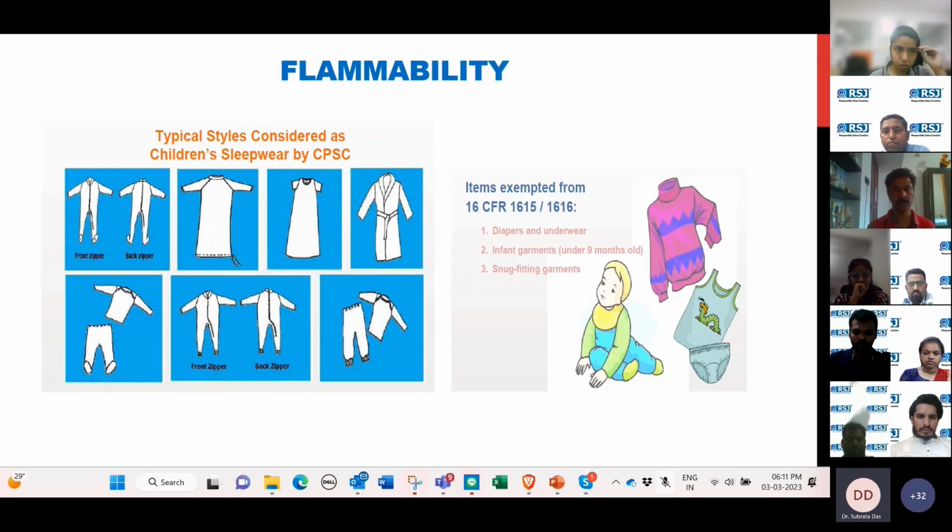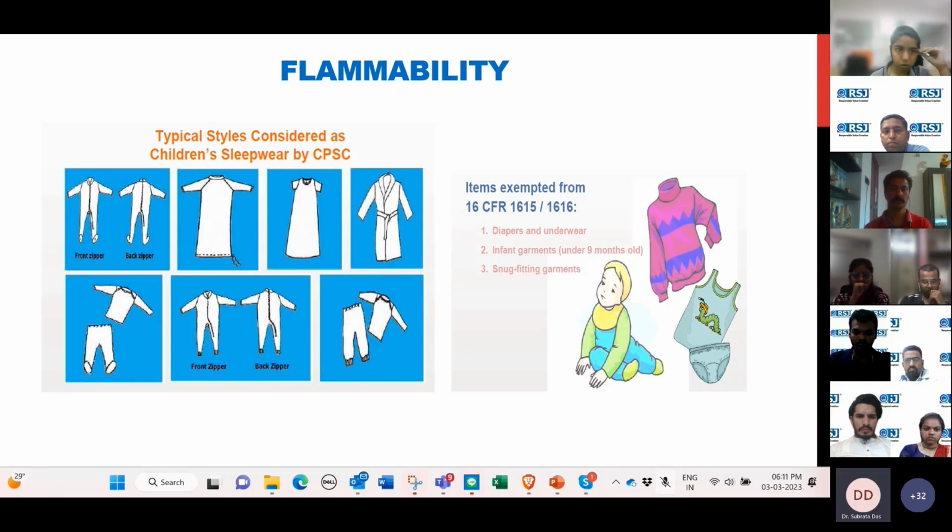They should pass 1610 and 1615 or 1616, because these are covered under the CPSC children's sleepwear category. On the right-hand side, you can see items which are exempted from this, like I already told, baby diapers and other items which do not come under this category.